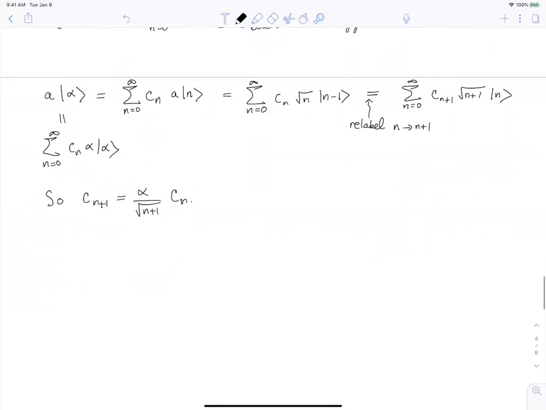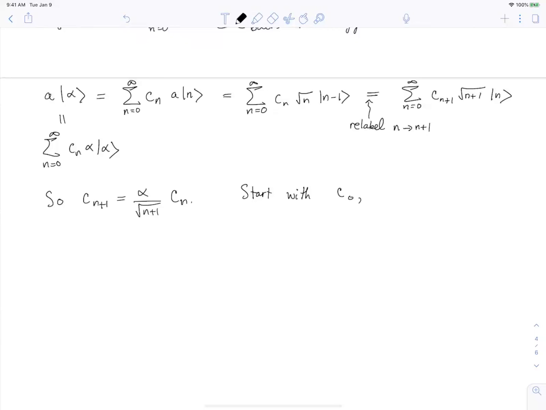And so now we can solve this recursively. If we start with C0, then we can work out what all the other C's are. So C1 is equal to alpha over the square root of 1 times C0. And then C2 is alpha squared over the square root of 2 times 1 times C0. Okay, and C3 is equal to alpha cubed.